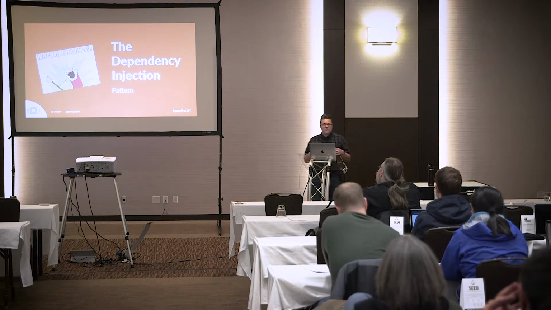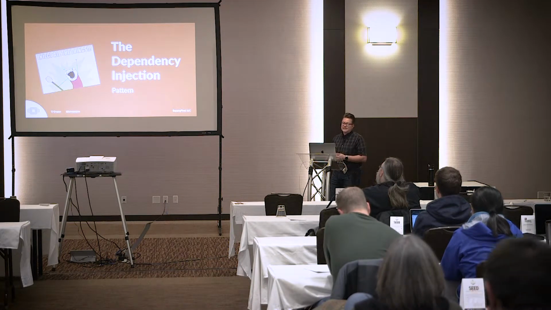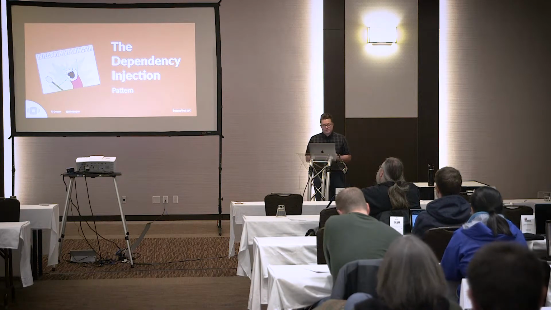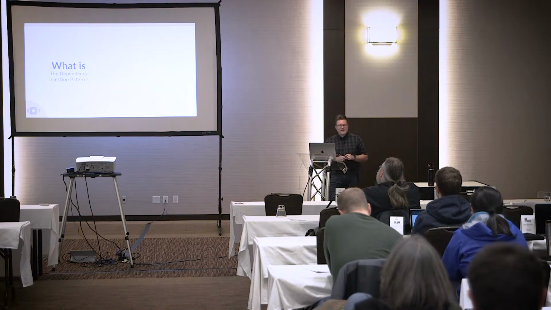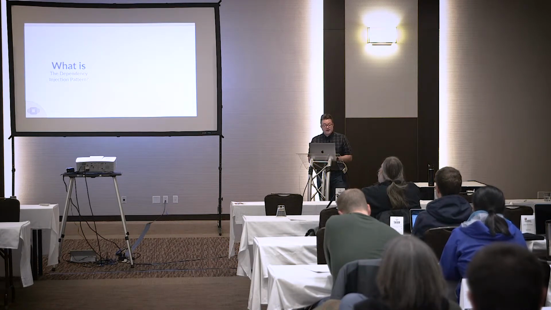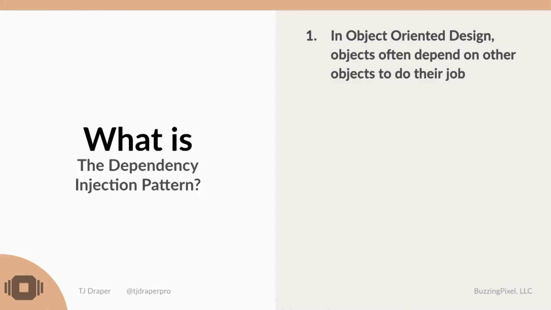But let's talk about how to best use those classes with dependency injection. We need to talk about what that is, because I expect for some of you, like me, when I was starting down this path, I had no idea what dependency injection was. In object-oriented design, a class or an object will often depend on another class or object to do its job. We call that a dependency.